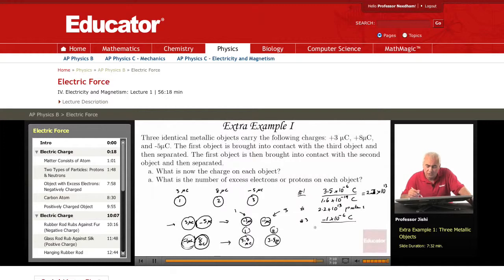What is the charge of the electron? -1.6 times 10 to the -19 coulombs. So I end up with about 6.25 times 10 to the 12 electrons. So that's the way it goes.